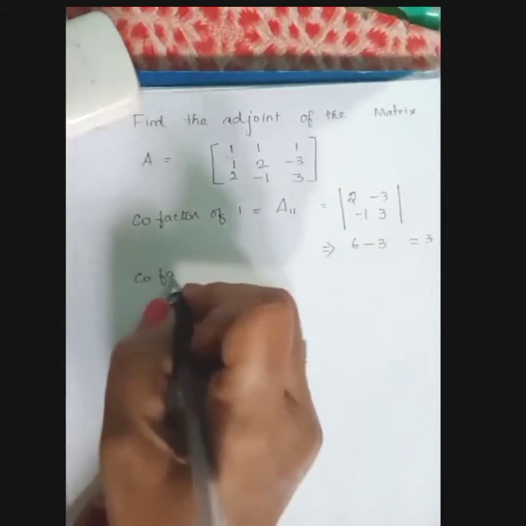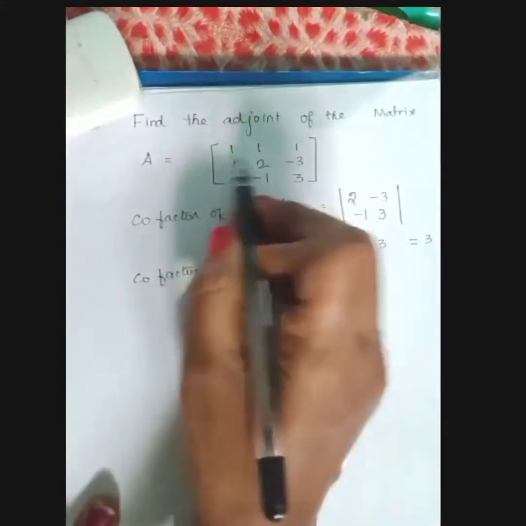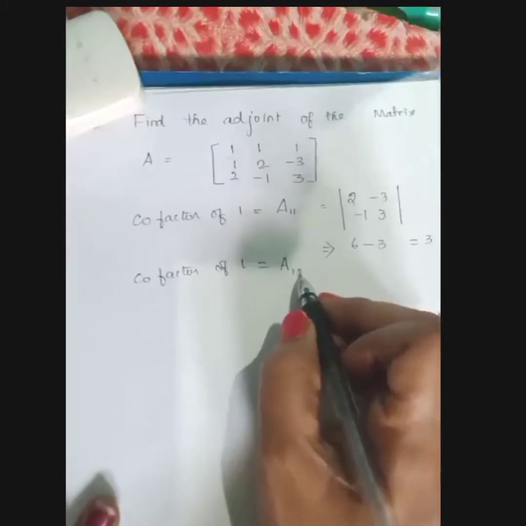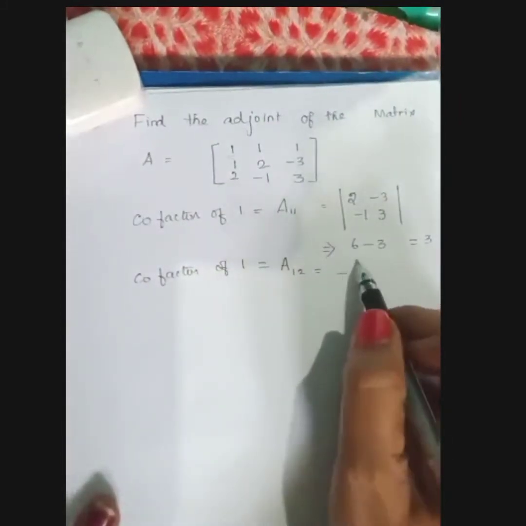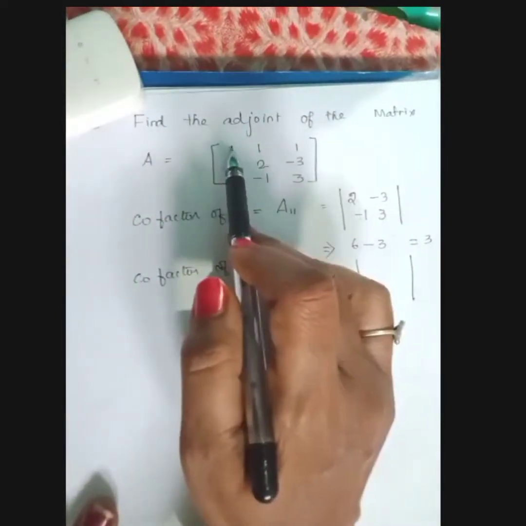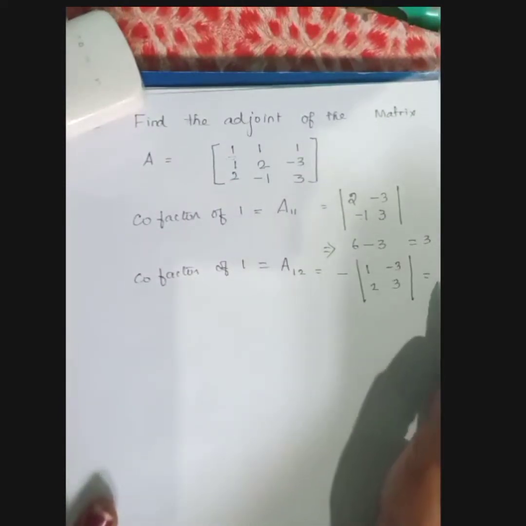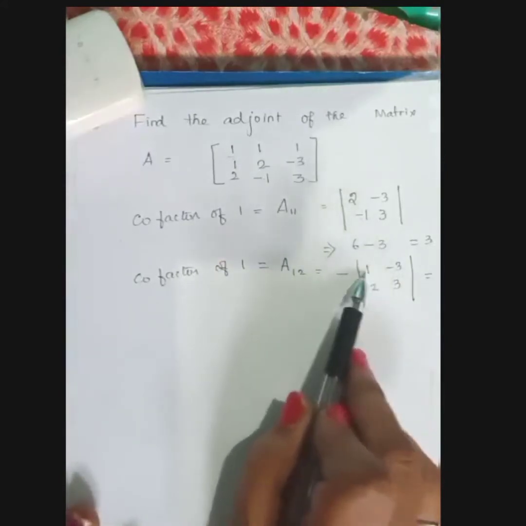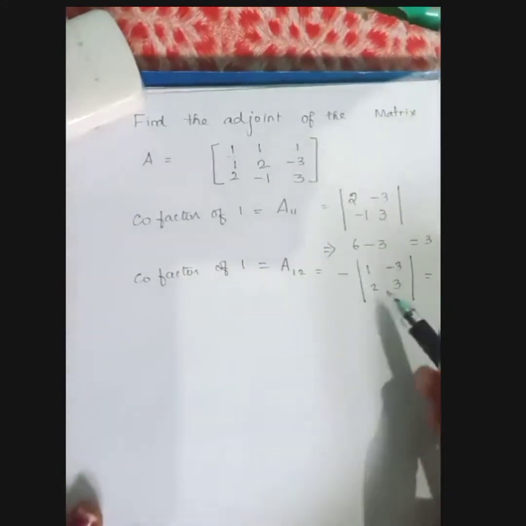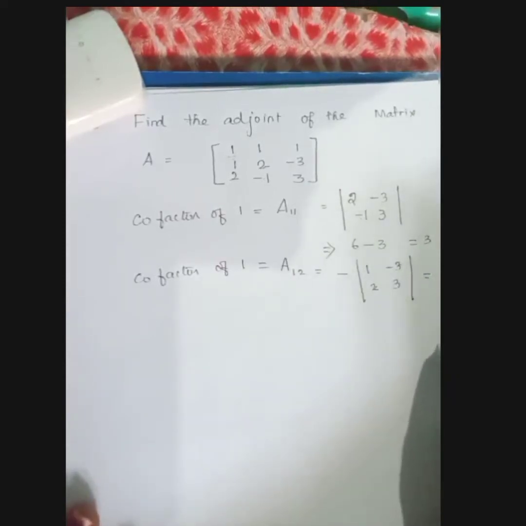Now we find the cofactor of the element 1, which is A12, the first row second column element, which is minus of the determinant of, leaving this column and this row, we get 1, minus 3, 2, 3, that is minus of 3 into 1 is 3, minus the product of these two is minus 6, and already we have minus here, so plus 6, which is going to be minus 9.